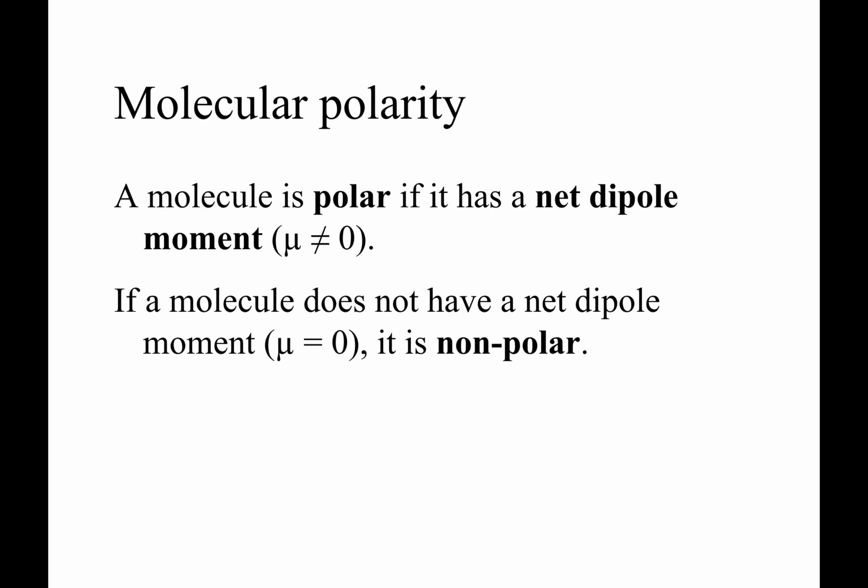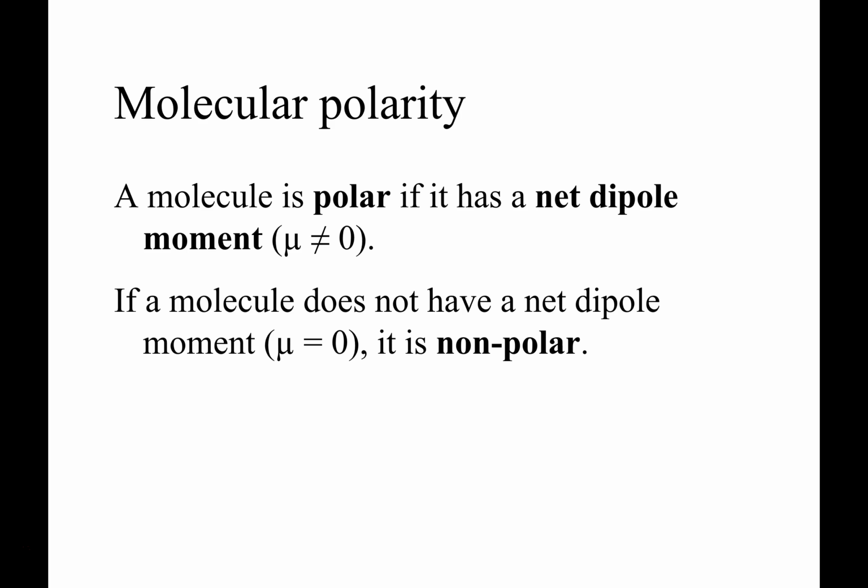So if the net dipole moment is not equal to 0, in general it's polar. If your net dipole moment is equal to 0, that means that your center of positiveness and negativeness coincide. So this I'll put: centers partial positive and partial negative coincide.